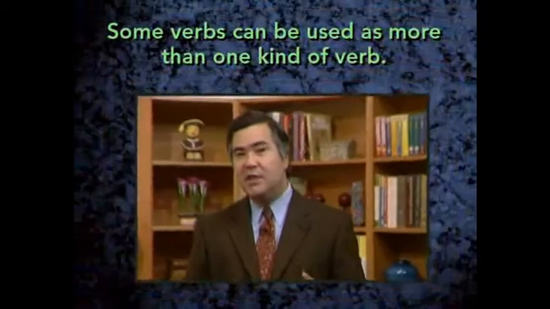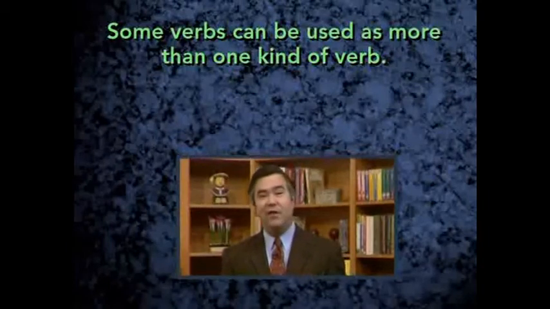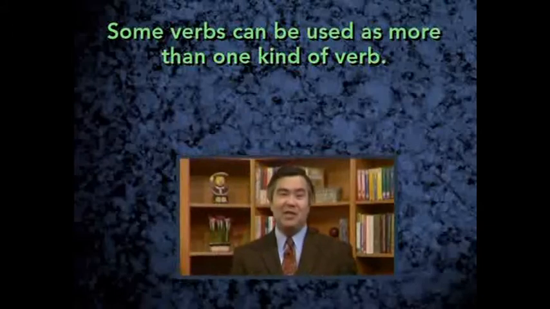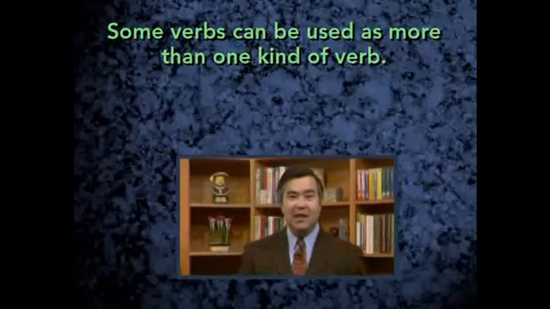And as you'll see in a moment, it's important to understand the difference in order to understand how sentence complements are used. Notice that some verbs can be used as more than one kind of verb. In other words, the very same verb word can be used in a transitive way or an intransitive way, or perhaps as a linking verb.